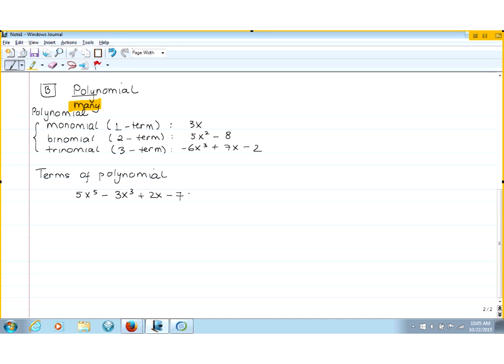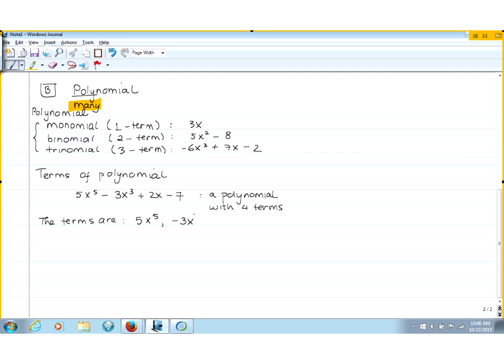How many terms does it have? Yes. This is a polynomial with 4 terms. So what are the terms? The terms are 5x to the 5th.